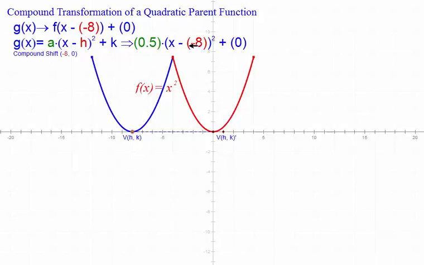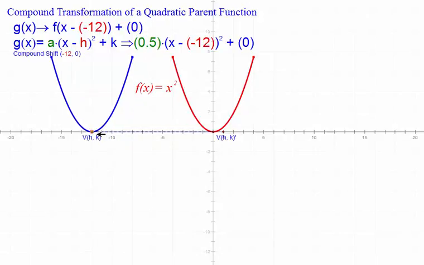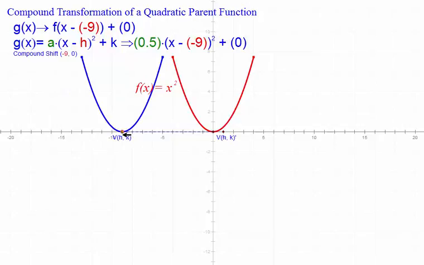If you write these two negatives, it is going to become a positive in the equation. It means it is moving to the left. If this one is negative, it means it is moving to the right. You can see it is moving to the left from the origin.